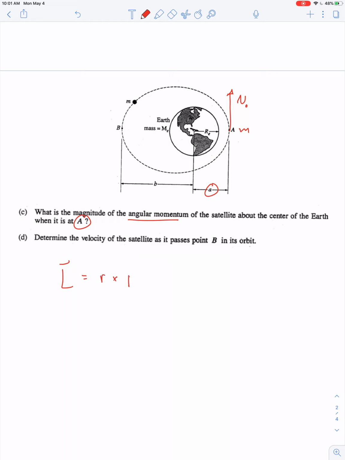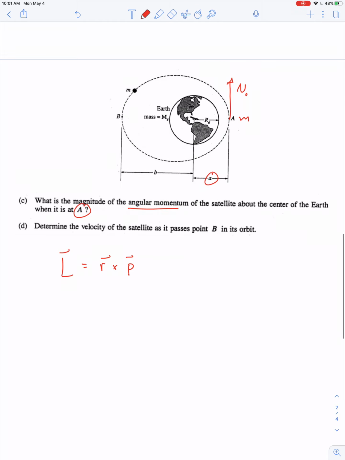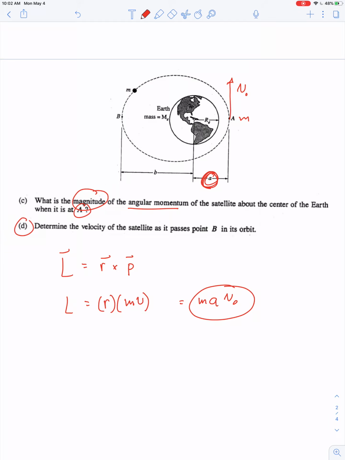I think it's r cross p. In magnitude, that just means angular momentum is r multiplied by mv. So in this case, it's equal to what? r is the same thing as a, and v is v0. So there you have it. That was easy.